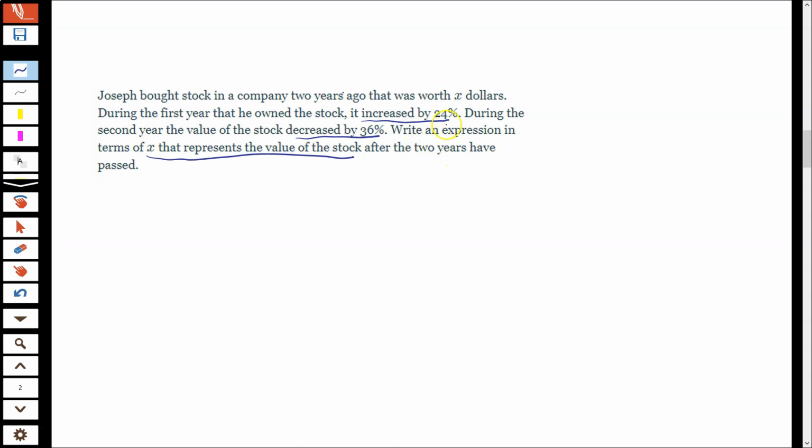Okay. So we're still going to do 1 plus r, right? The first year we're going to just do 1 plus 24% increase times, what are we calling the stock? The stock is X dollars. And then the next year, so this is my first year, and then the next year, whatever that outcome is, decreases by 36%.